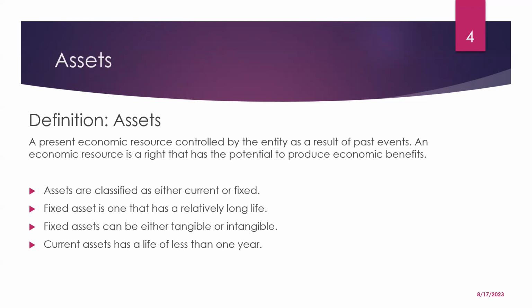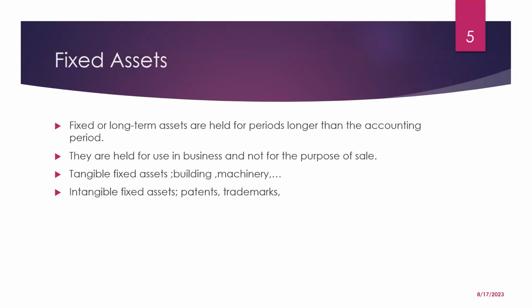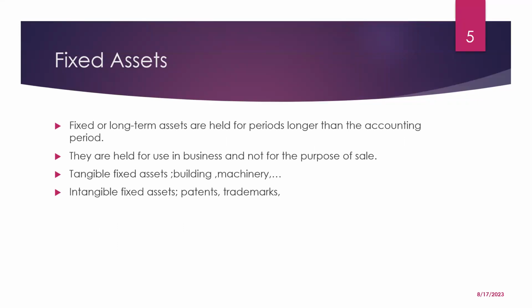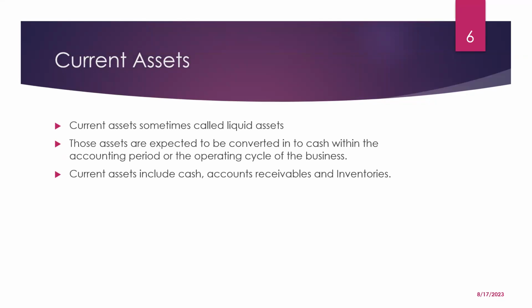We can define the assets, and identify that assets can be segregated into two types mainly, known as fixed assets and current assets. On the other hand, those can be categorized as tangible and intangible. We have discussed examples for those things as well.